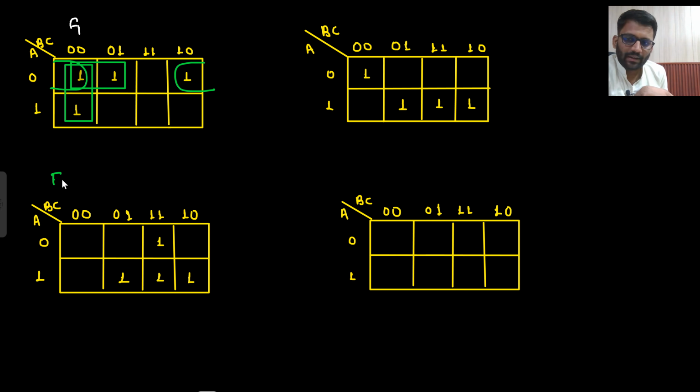This is your F1 bar, right? You can directly see this is your F1 bar. So what is this expression? Do I need to calculate it? No, I remember it. 3, 5, 6, 7.